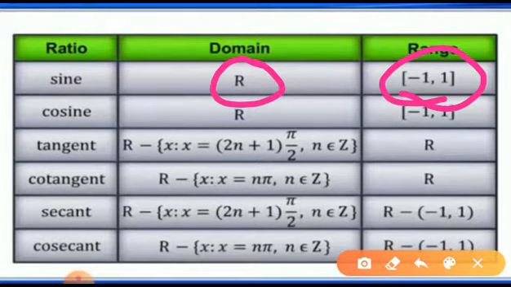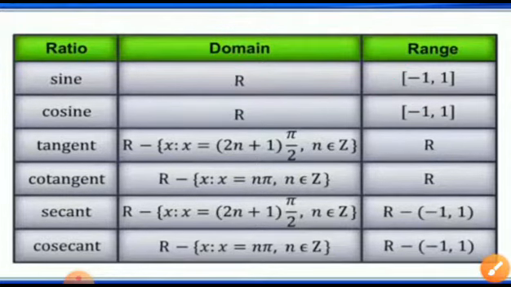We know that sine always ranges between -1 to 1, where both are included. No other value. I cannot say that sine of x will be equal to 2. The value of sin x will lie in the closed interval -1 to 1.